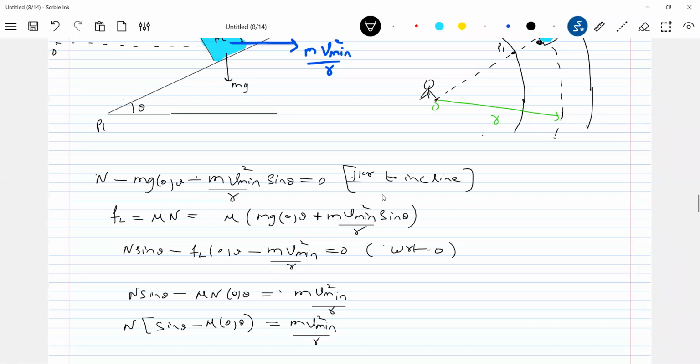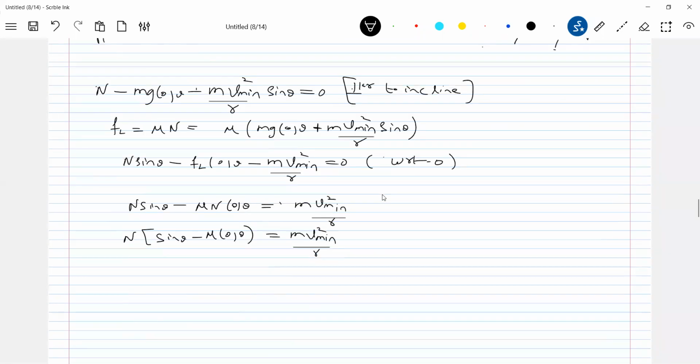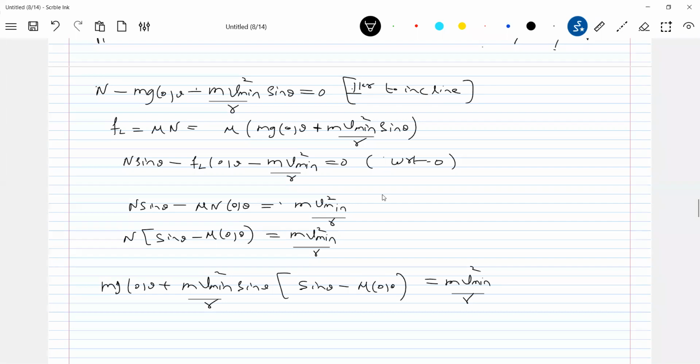Mg cos theta plus mv minimum square by r. Solving this, we'll get the expression for v minimum.